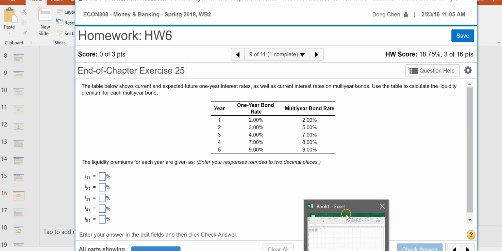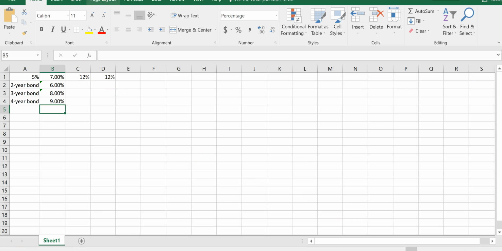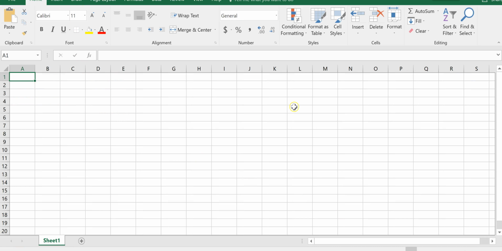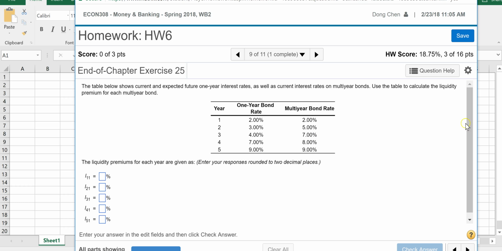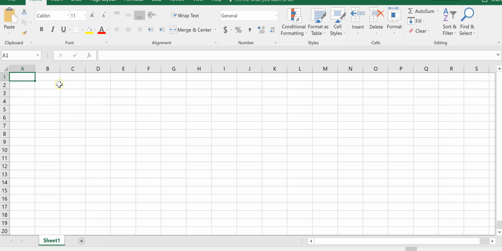Why don't I copy the numbers and open a new window. So 2%, this is a 1 year. Let me write down the 1-year bond series.